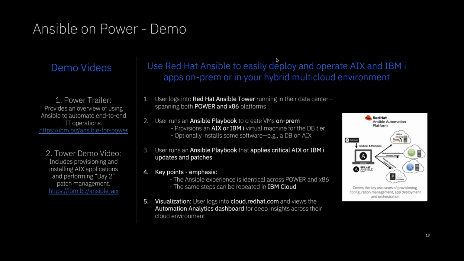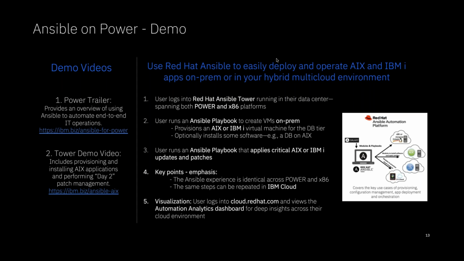But then after that trailer, you'll see that there are a few demos around AIX and IBM i where we demonstrate using Tower. With Tower, we show how you can do a couple of things. You can use products that do provisioning, where you do the initial install of your system, and for those provisioning products, you can download collections to do that activity for you.